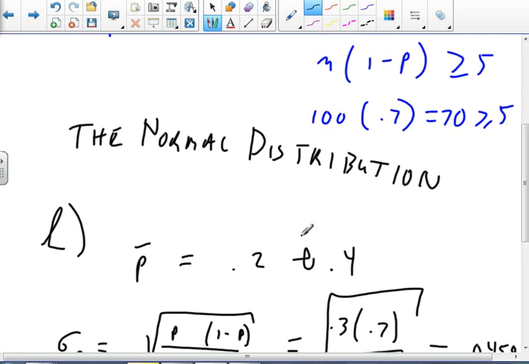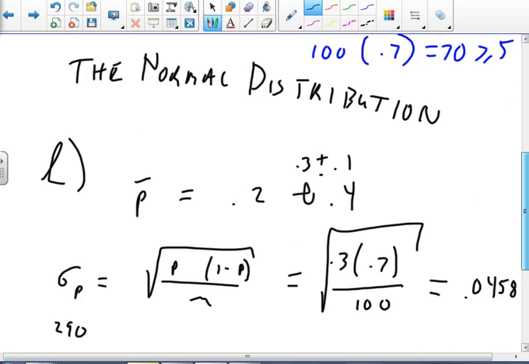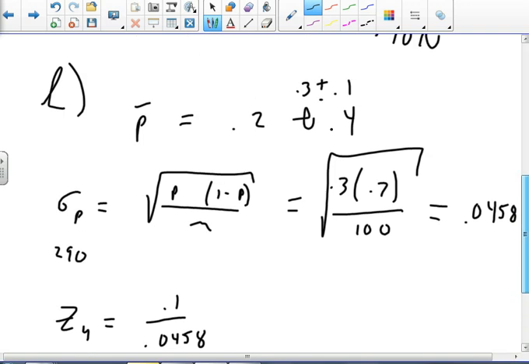Okay, we want 0.3 plus or minus 0.1. 0.3 is the mean, so that'd be 0.1 divided by 0.0458, and we want a minus 0.1. Is it 0.1 or 0.01?